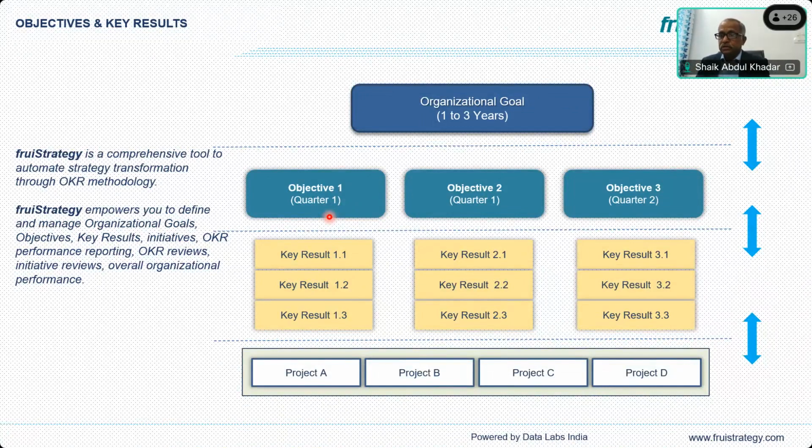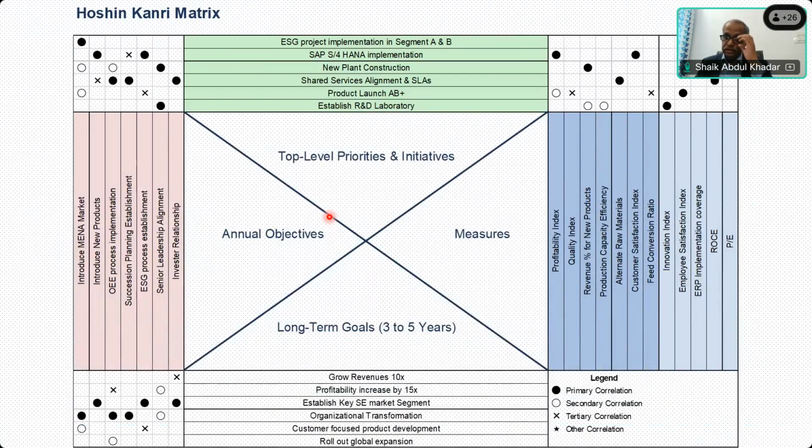Objectives and key results is similar to management by objectives. If you know the objectives, you can do that. But the balanced scorecard approach gives you a more holistic approach to strategic transformation. Hoshin Kanri is another methodology where you can step in, but there are some gaps compared to the balanced scorecard methodology. I will not step into this.